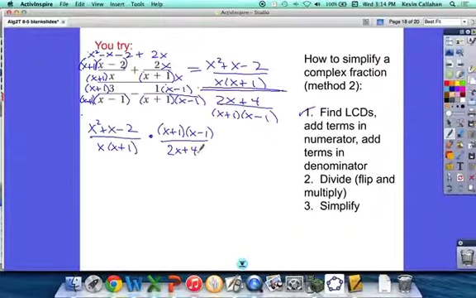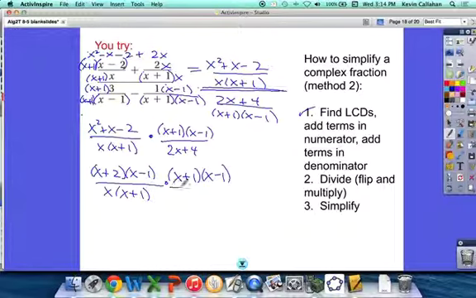And in fact, I can factor a little more here. This numerator would have been x plus 2 times x minus 1 divided by x times x plus 1, times x plus 1 times x minus 1 divided by 2 times x plus 2.